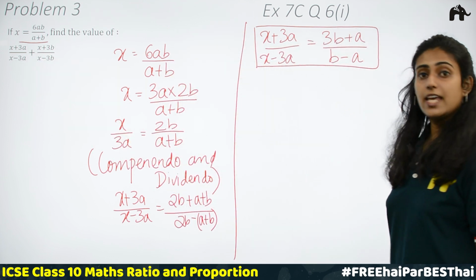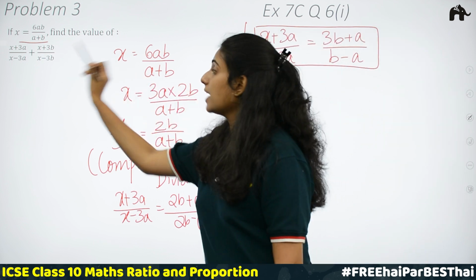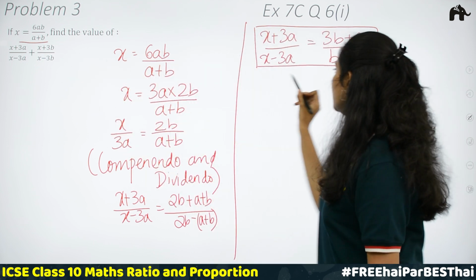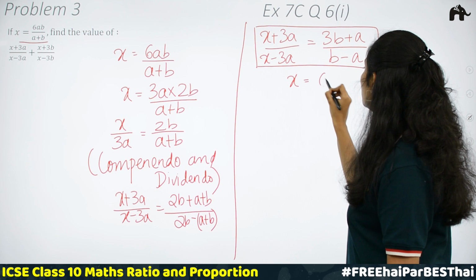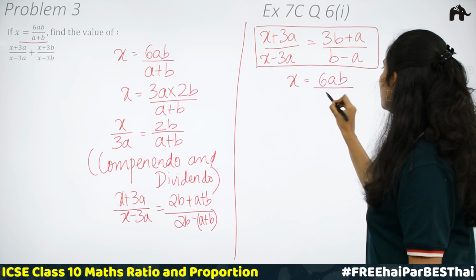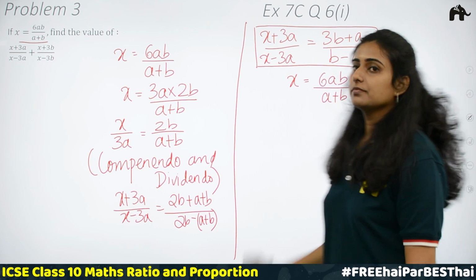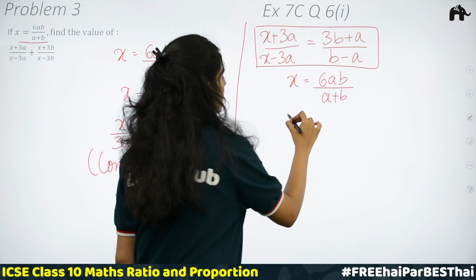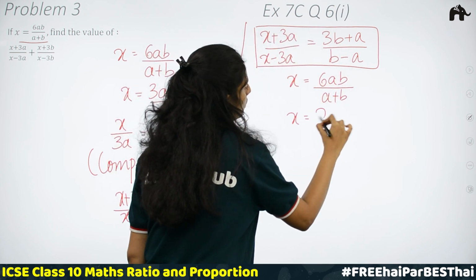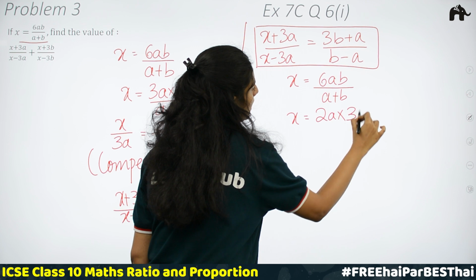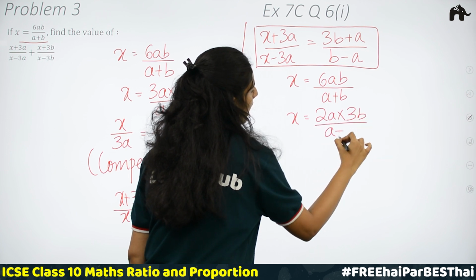Now to get the second part, here what are you adding and subtracting? 3b. Again take this thing, x is equal to 6ab divided by (a plus b). Now this 6ab can be written as 2a into 3b divided by (a plus b).